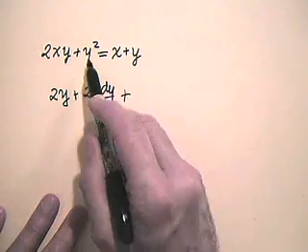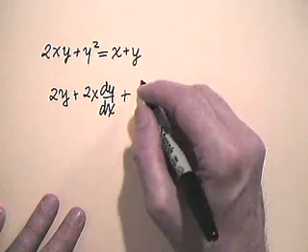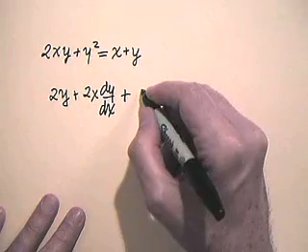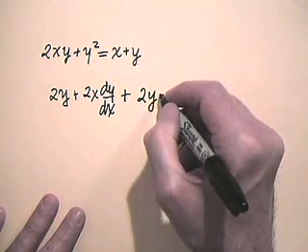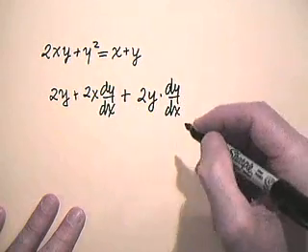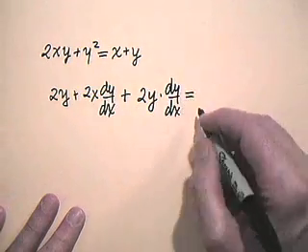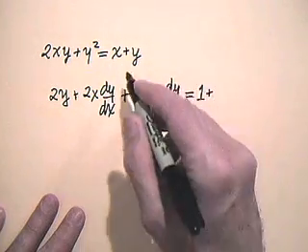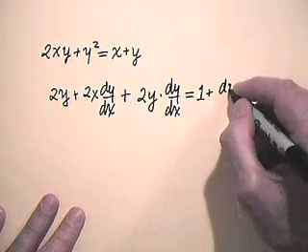Now for the second term, the derivative of y squared with respect to x, well, the chain rule says differentiate it with respect to y, that would be 2y, times the derivative of y with respect to x, whatever that is, equals the derivative of x, which is 1, plus the derivative of y, which is dy/dx.